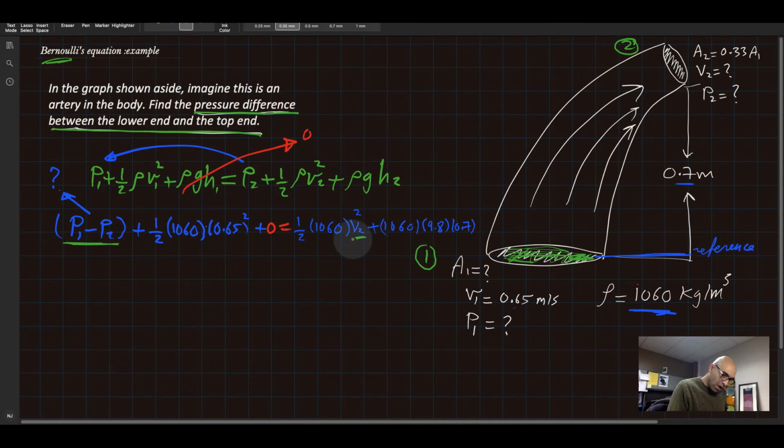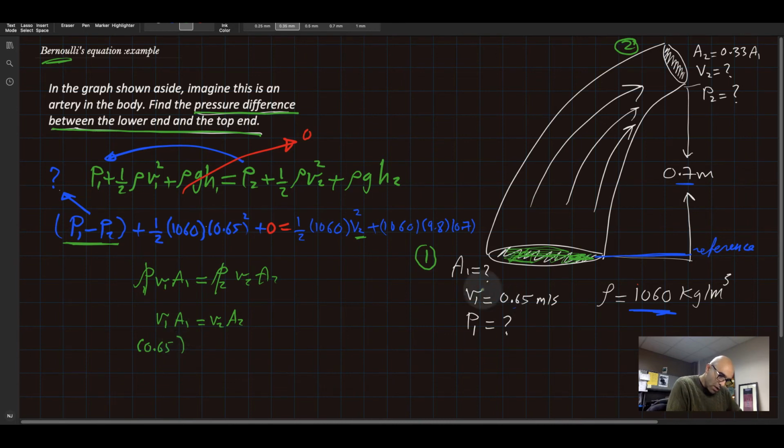The other venue comes from the continuity equation, which is density rho 1 times the velocity 1 at this point times the surface area at this point of the artery, equal to rho 2 V2 A2 at this point. Since the density of blood does not change, you can cancel it out. So you end up with V1 times A1 equal to V2 times A2. Now V1 is given, 0.65.